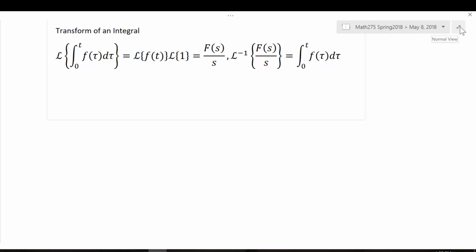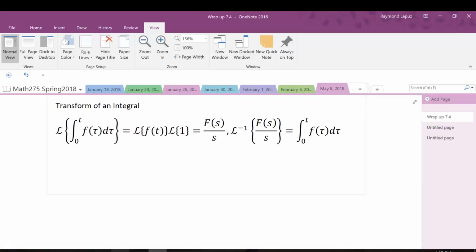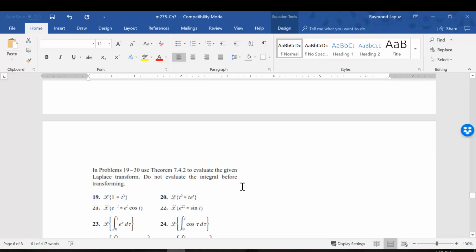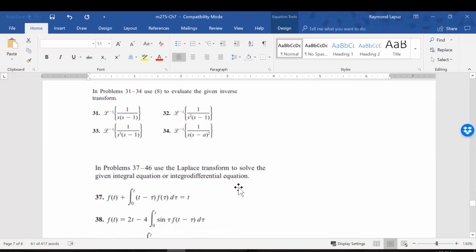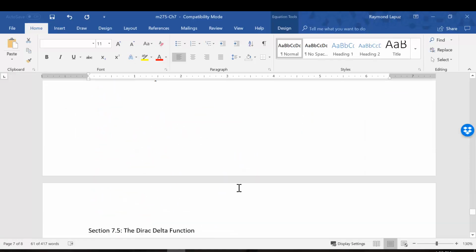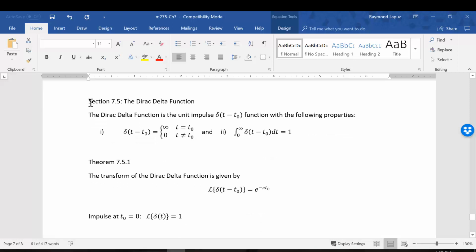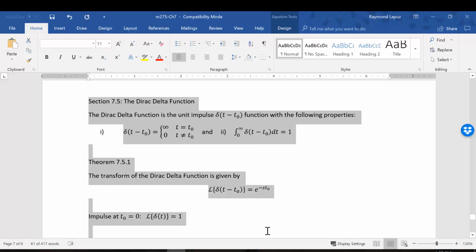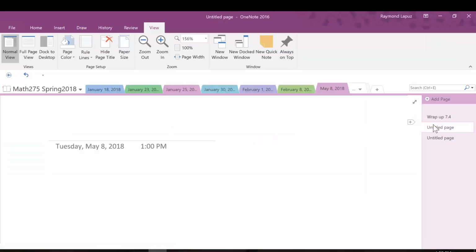I do want to go to the next section, and the next section introduces us to our newest function, 7.5.